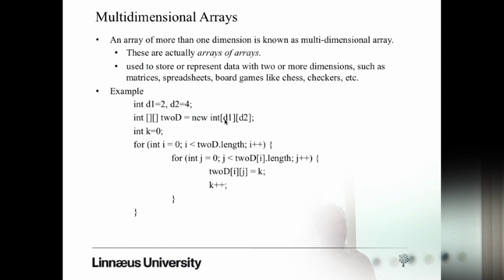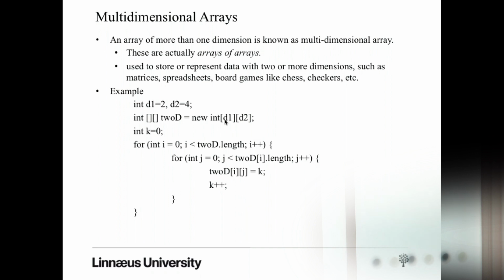Every time we assign a value, these index values change. So this outer loop starts from 0, because the first index will always have a value 0, and then it runs to the length.